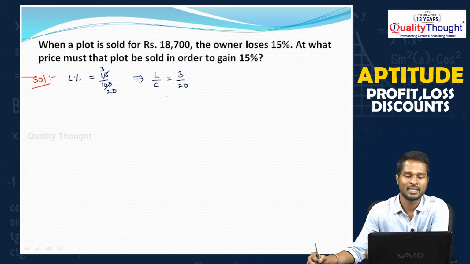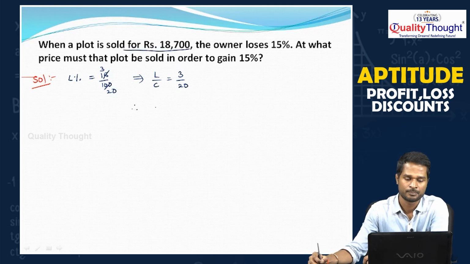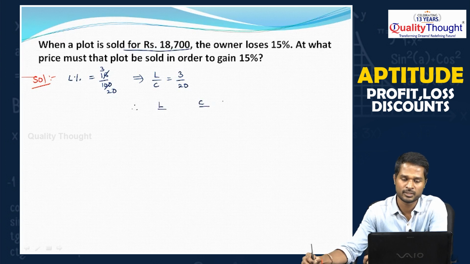See, from this let us try to find out what is the original cost of it, because in the question he has given 18,700 as the selling price. So, let us find out the cost price. So, I will write here loss, cost price, and selling price.